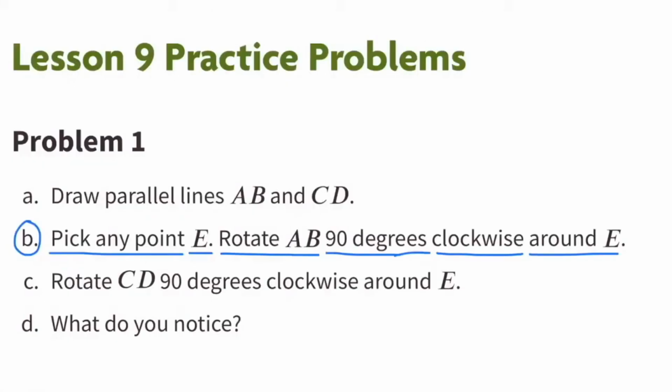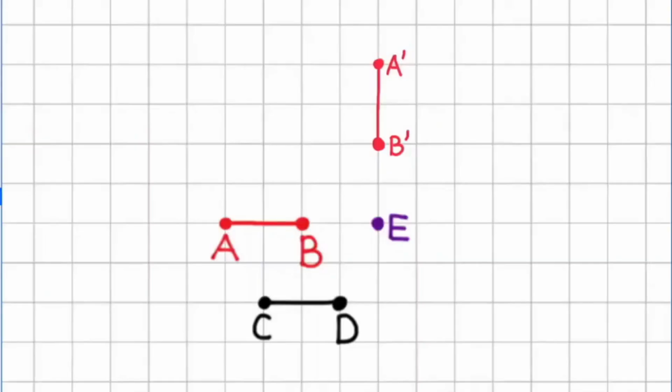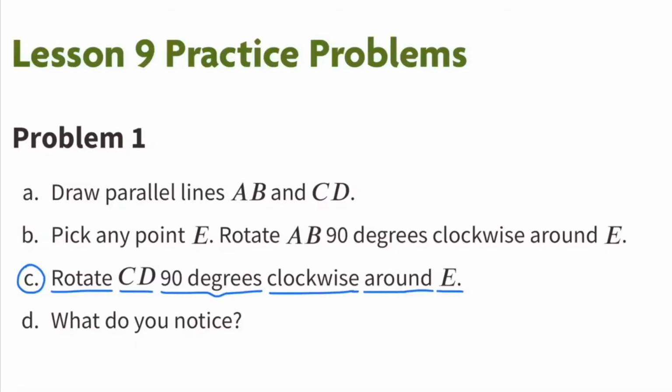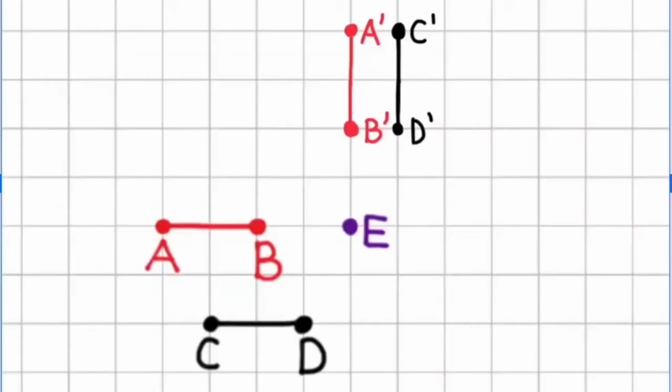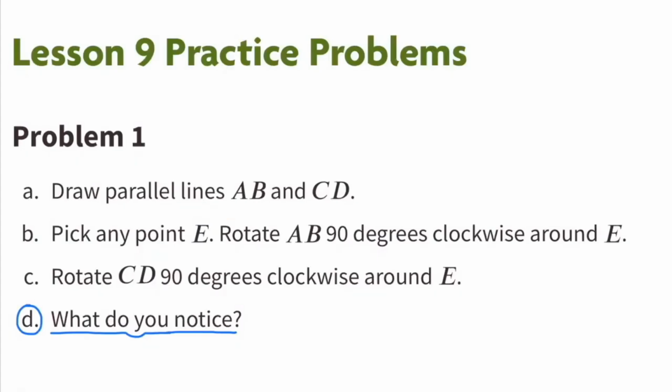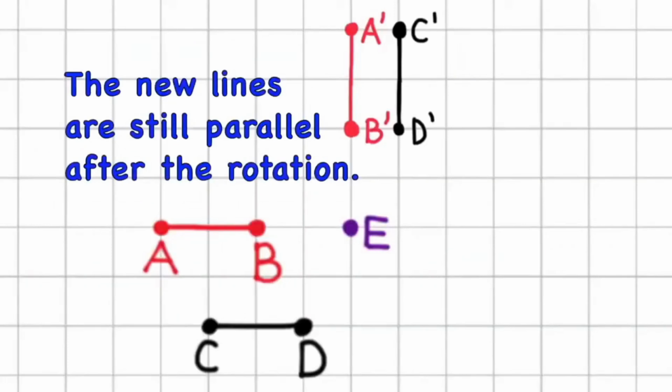B. Pick any point E, rotate AB 90 degrees clockwise around E. C. Rotate CD 90 degrees clockwise around E. D. What do you notice? I notice that the new lines are still parallel after the rotation.